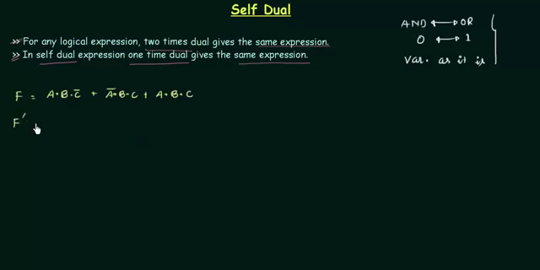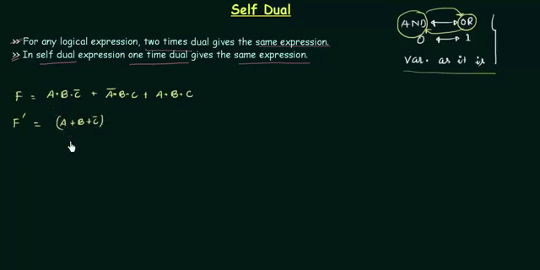F dash is the function that we are going to have after taking the dual 1 time, and to take the dual we have to switch AND with OR and OR with AND, and we have to keep the variables as it is. So let's start with it. A or B or C complement.